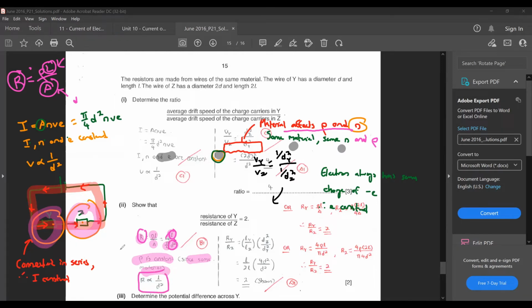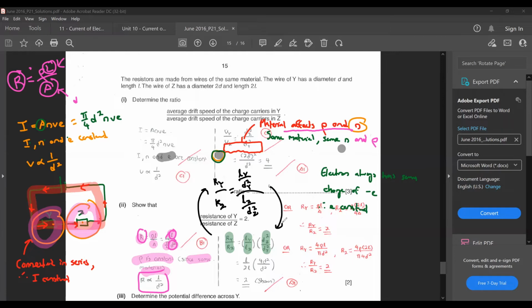Then from there, you can work out the relation: Ry to Rz is Ly to Lz times dz squared over dy squared. How do you get this? This one I think is just simple maths. You can easily do it if you remember your maths. Ry to Rz is equal to Ly over dy squared over Lz over dz squared, giving you this one.